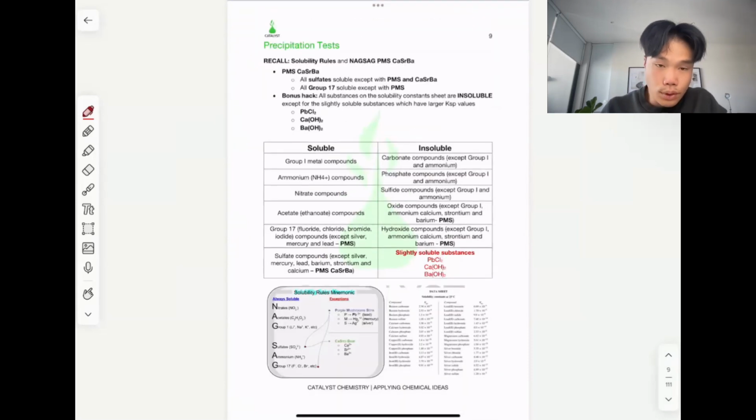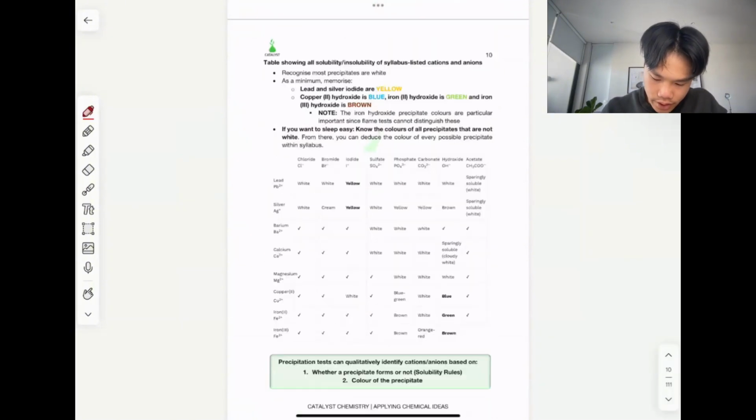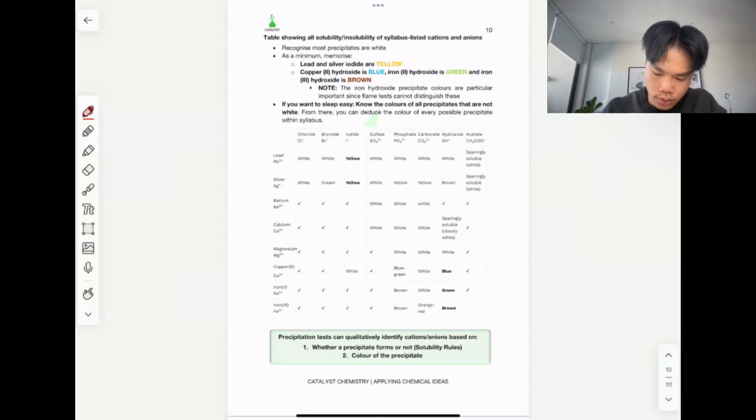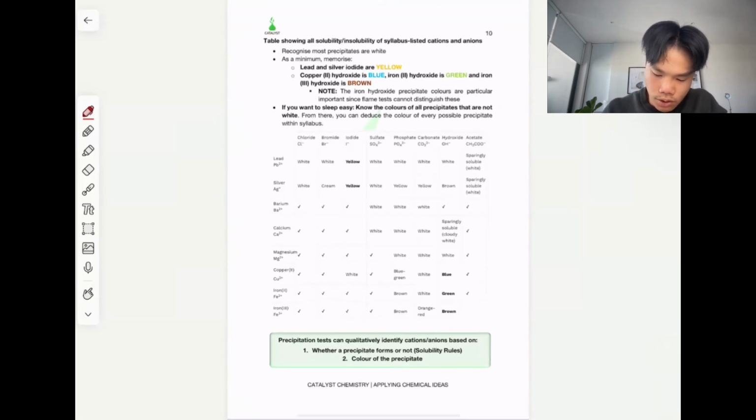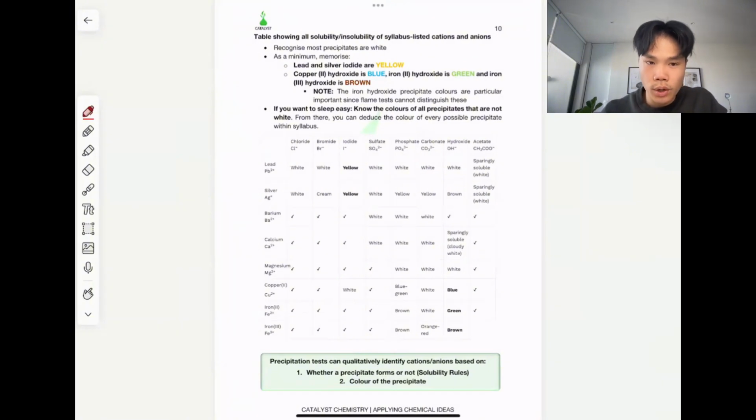Precipitation tests: know your solubility rules. This will guide when things will and won't precipitate for like 99% of cases. And if you don't remember those, you can use a flowchart or you can reference this table. So you need to know what will and what won't form precipitate. You also need to know what colors will form if you do form precipitate.